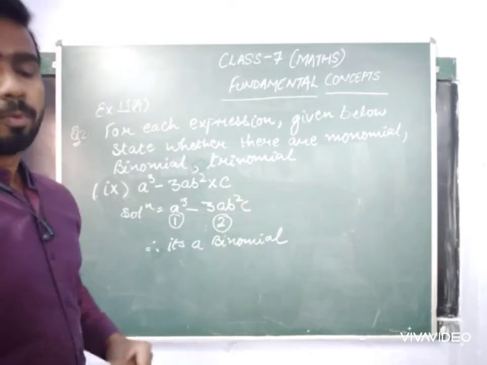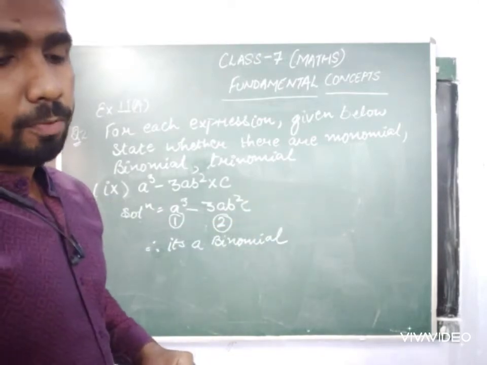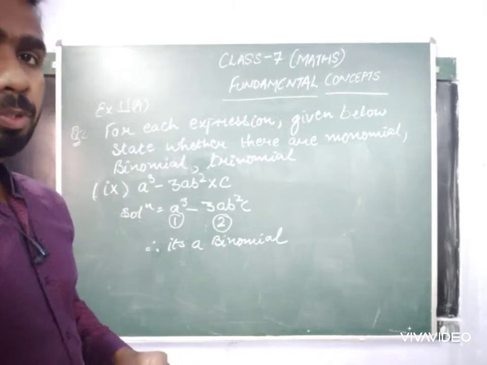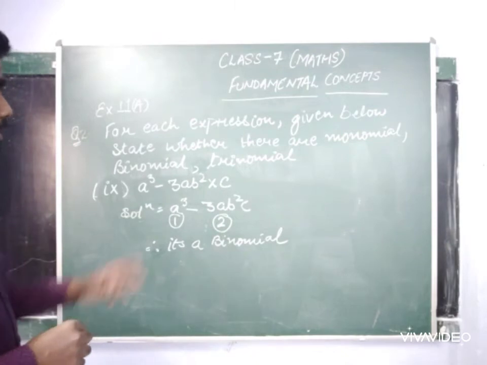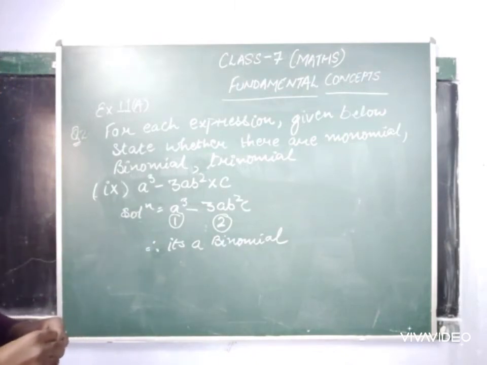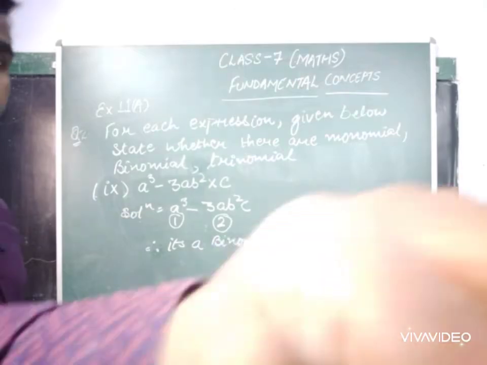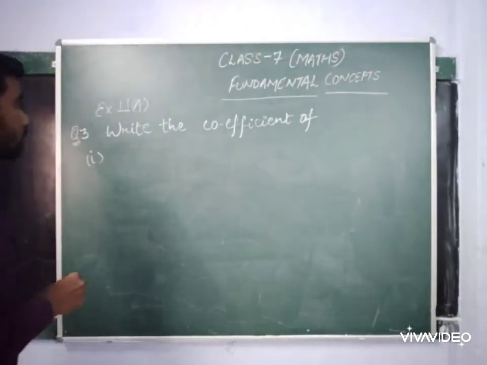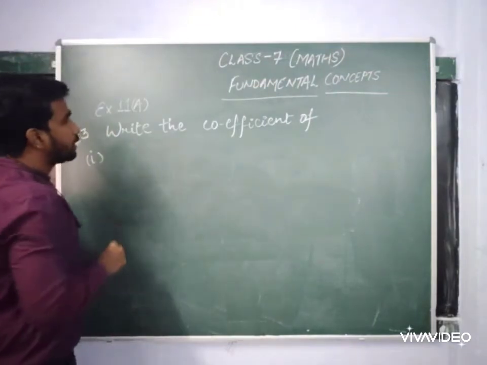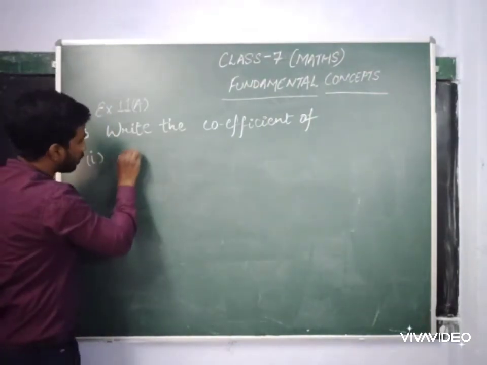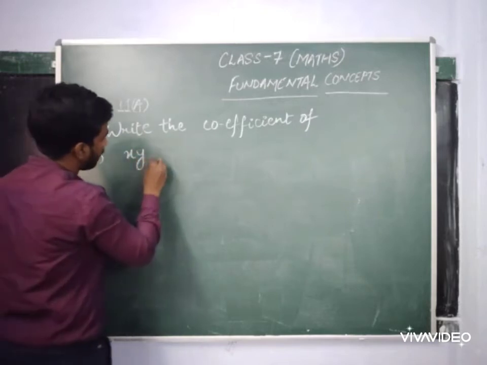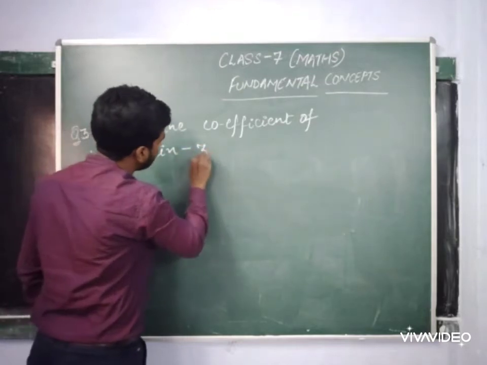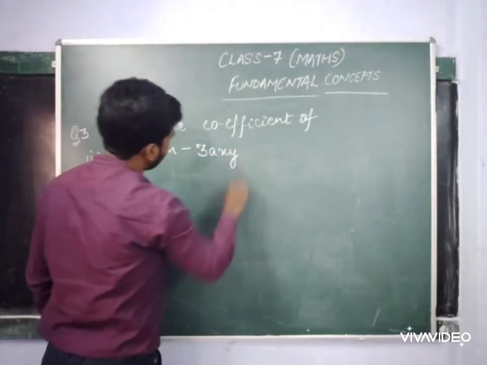Okay. Now I'm moving on to question number 3 of exercise 11a. First take a closer look at the question I have solved. Now let us see what question number 3 is telling us. You have to write the coefficient of, first part, xy in minus 3axy.